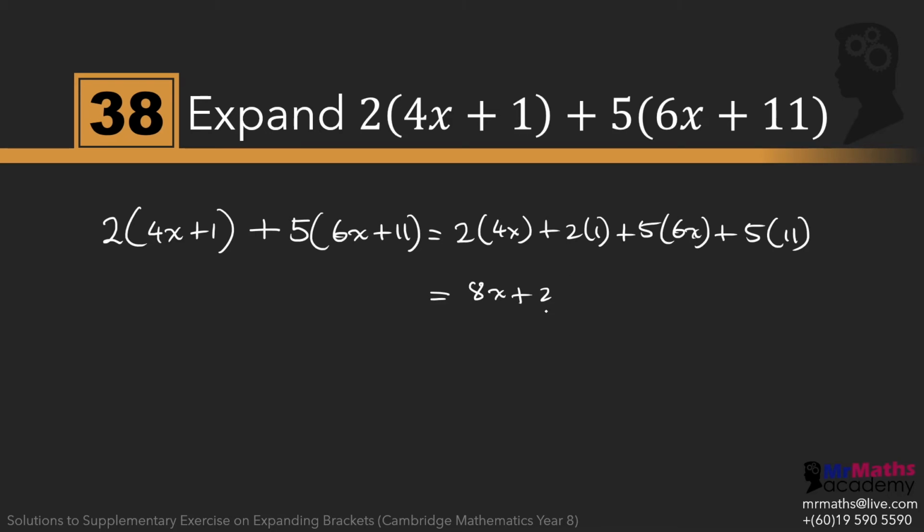So this is an expression coming from the first expansion. Plus 5 times 6, which is 30x, plus 55, 5 times 11 is 55. So adding up the like terms, 8x and 30x becomes 38x. And then 2 plus 55 becomes 57. Next question.